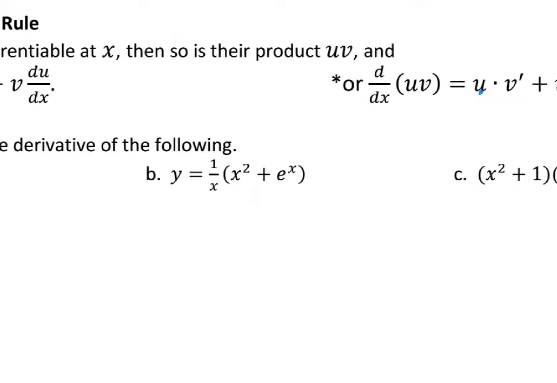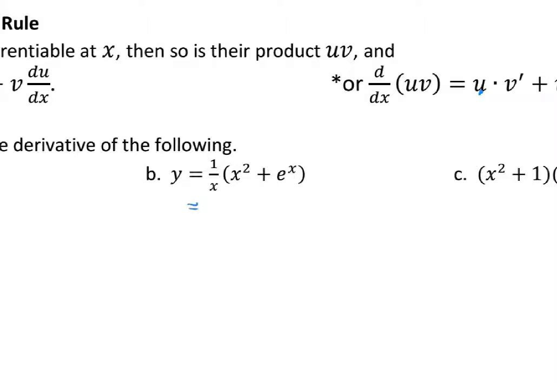Okay, but now on part B right here, I have 1 over x times x squared plus e to the x. And let me read that one more time. 1 over x times x squared plus e to the x. Did you hear that times when I said times? It's pretty dramatic about it. And that's because that requires a product rule.